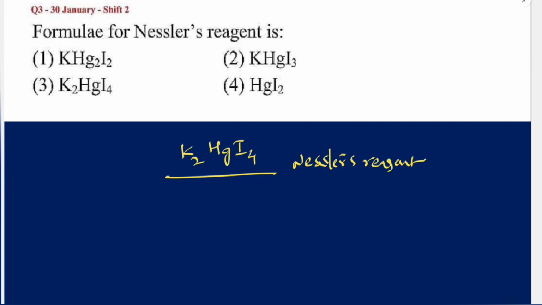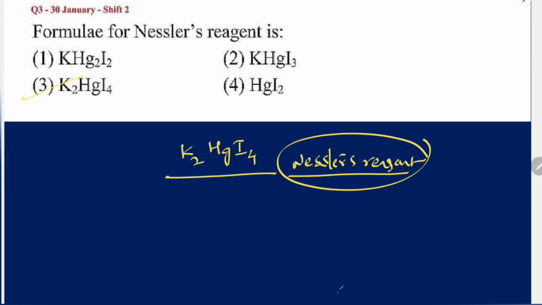It turns pale brown in the presence of ammonia. So generally, you are asking only for the formula. Nessler's reagent is K2HgI4. So the right option is option 3.